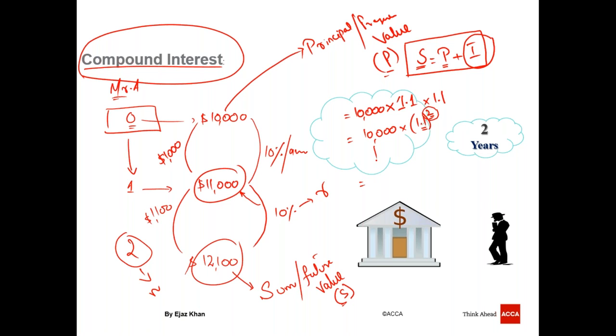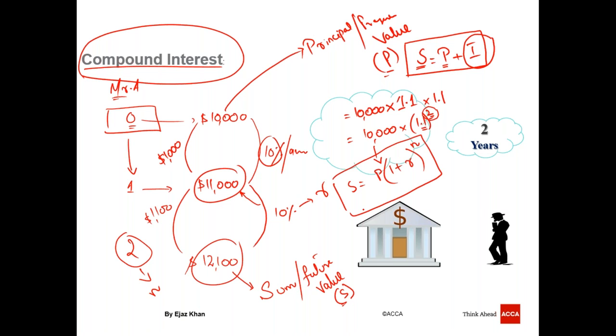So let's denote these values by variables, as we have denoted the principal by P. The rate of interest will be denoted by R. So it will always be equal to 1 plus R. And for number of years, we'll just place N as a power. In this case, we'll be able to find S.